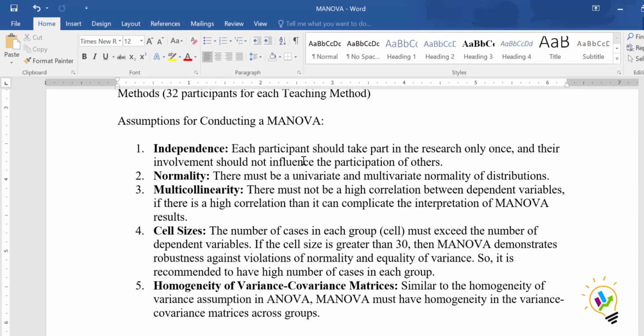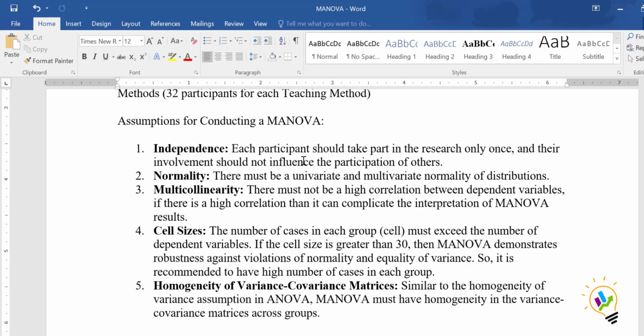The fifth assumption is homogeneity of variance-covariance matrices. Similar to the homogeneity of variance assumption in ANOVA, MANOVA must have homogeneity in the variance-covariance matrices across groups.